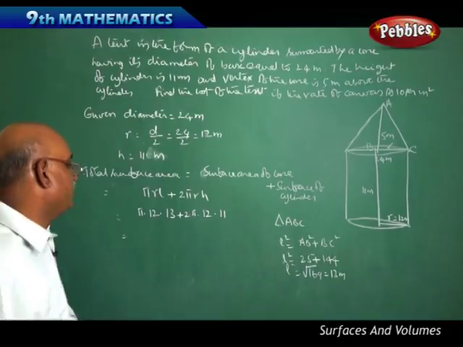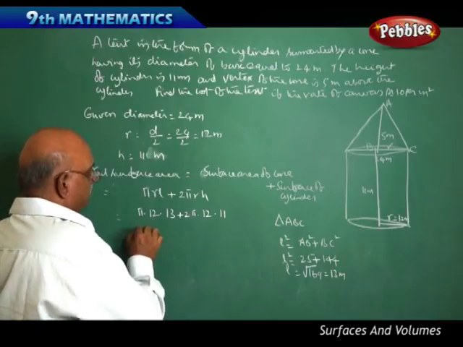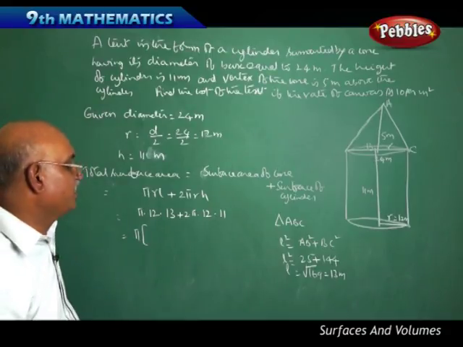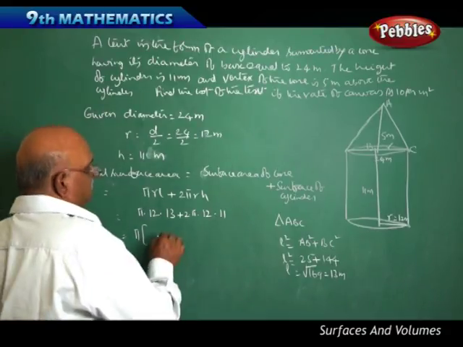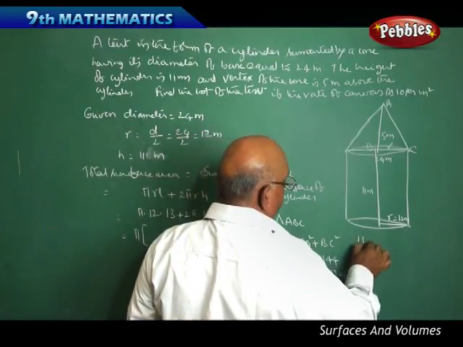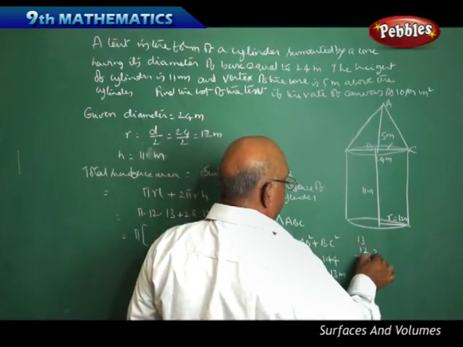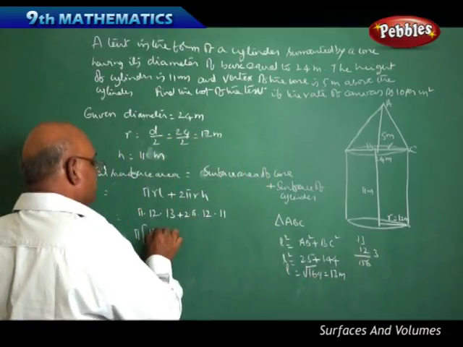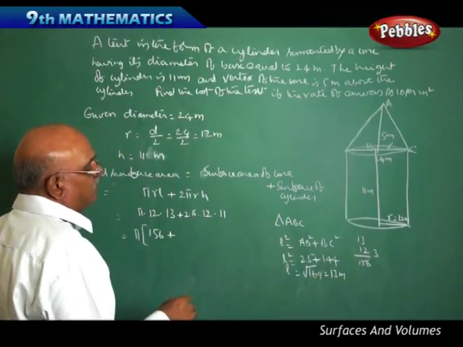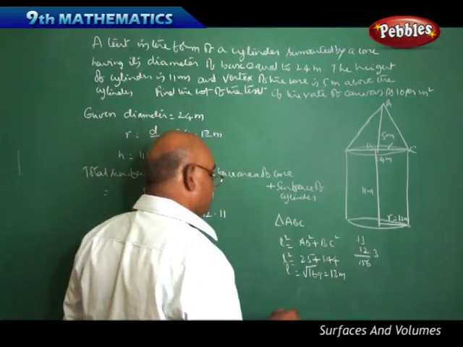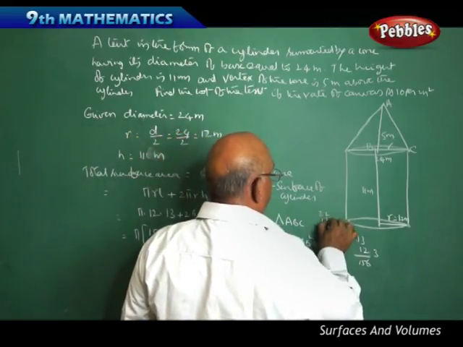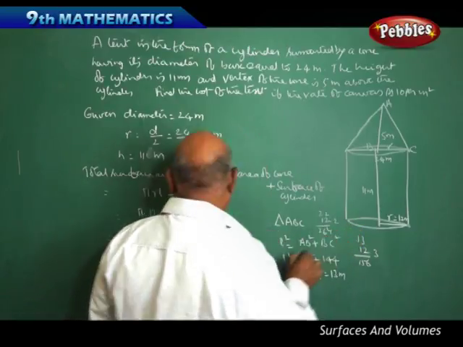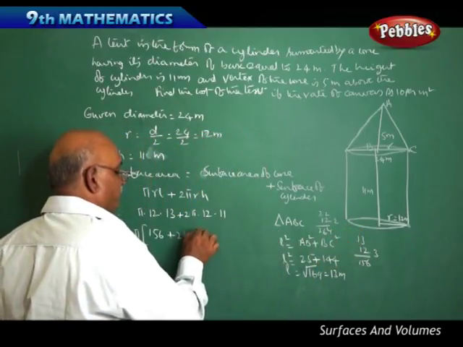Now if you take pi as a common factor, 12 into 13 is 156, plus 22 into 12 is 264.